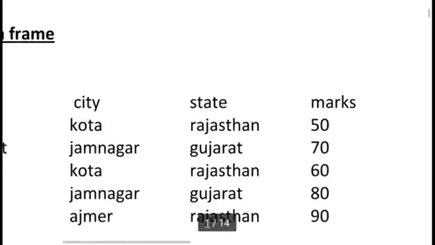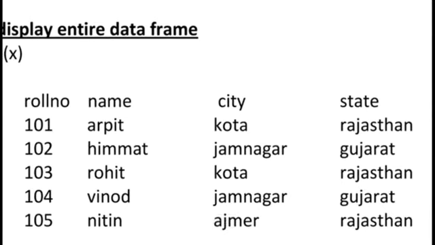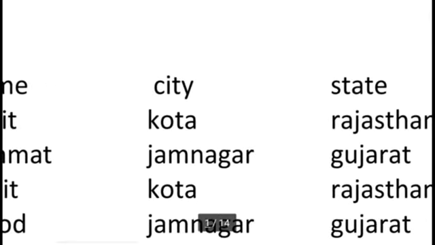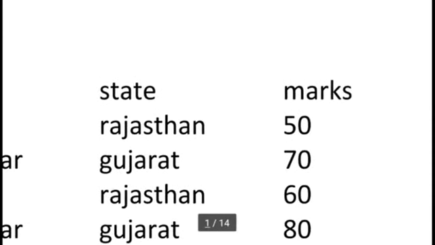So you can see here, suppose the roll number stands in the 0th column, name in the first column, city in the second column, state in the third column, and marks in the fourth column.